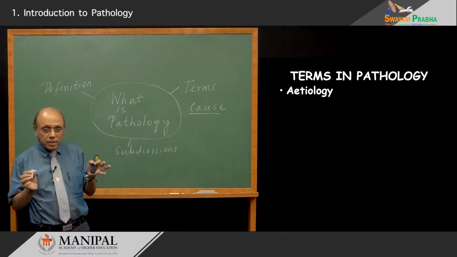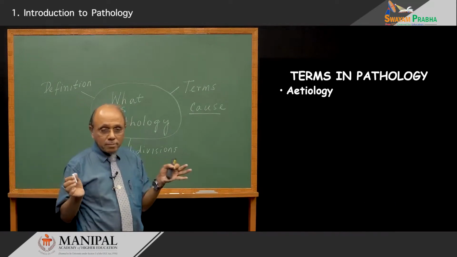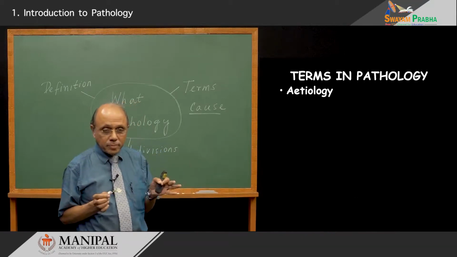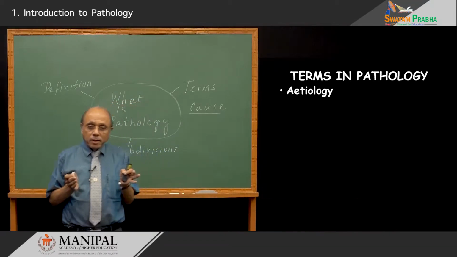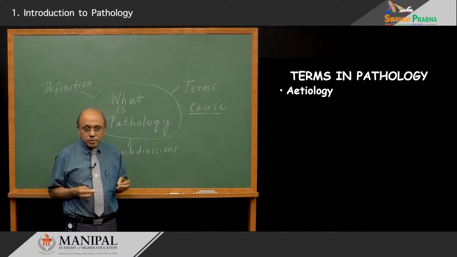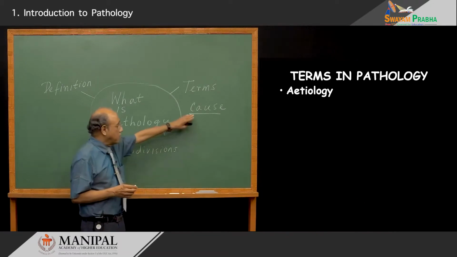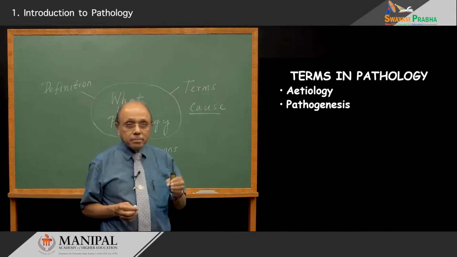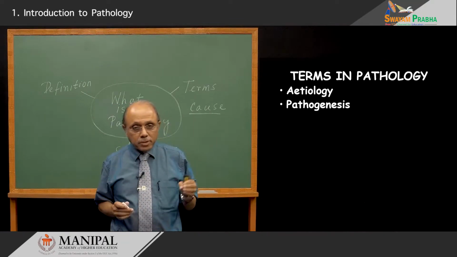So, etiology is a big word to indicate the cause. For every disease we have a cause. We may not be able to recognize all the causes, but the word etiology is commonly used in pathology to indicate cause.